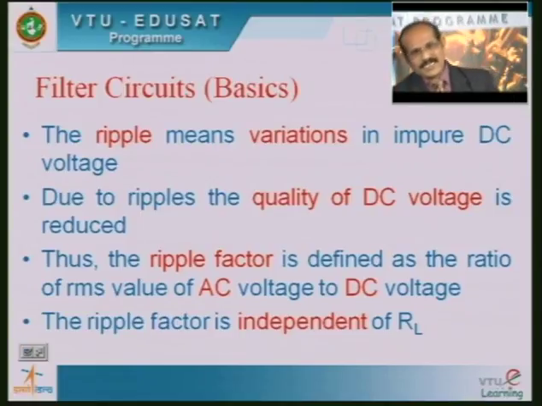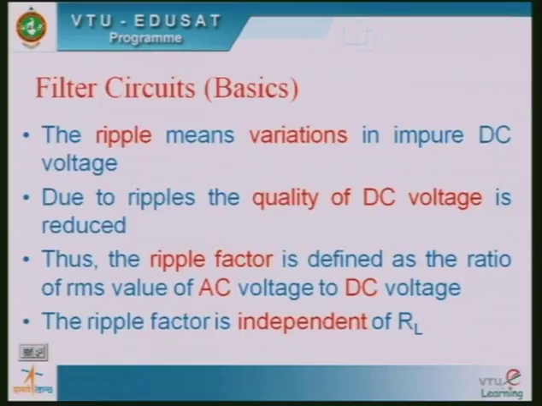Now friends, let us see some of the concepts or basics of the filter circuit. As I told you, ripple is a variation in impure DC voltage. We always need to remember the ripple factor. It is a measure of the AC ripple content of the DC output voltage.